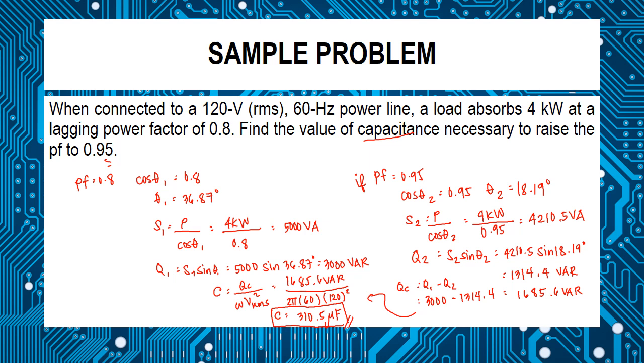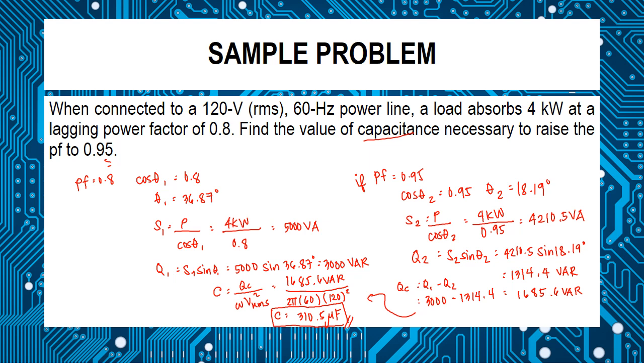And then, cosine theta 1, or we can just put 0.8. Let's simply write the 0.8. So, we have here S1 as 5,000 volt-ampere.